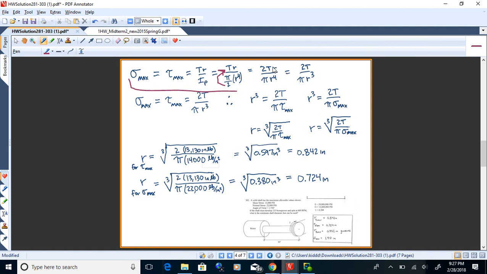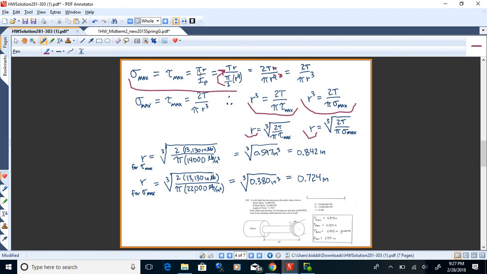Then I'll cancel the r with one of these, which leaves me r3 on the bottom. So I'll have 2T over pi r3, and that's equal to sigma max and tau max. I'll multiply through by r3 and divide by either sigma max or tau max, and I'll get these two formulas. r3 is 2T over pi tau max, and r3 is equal to 2T over pi sigma max. Take a third root, and I'll solve for the radius. So I just took these equations and pulled the radius out and solved for it.